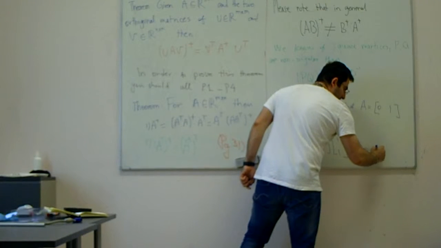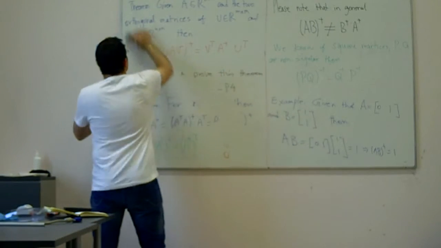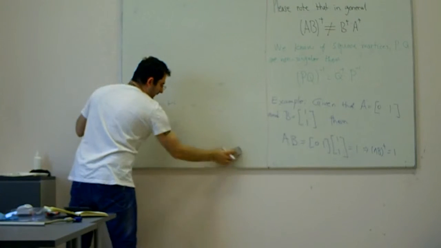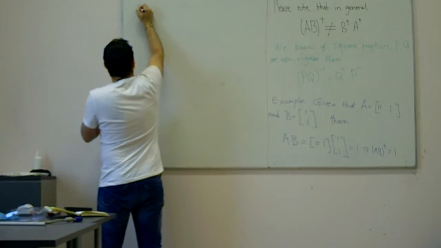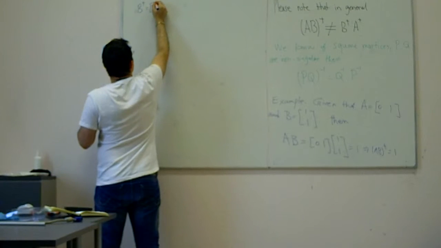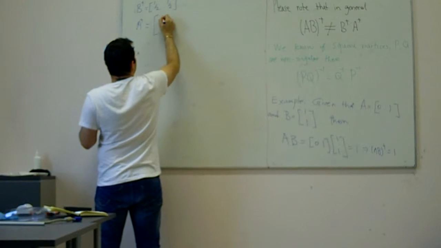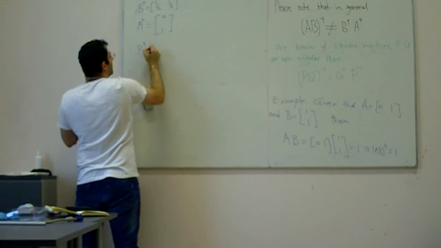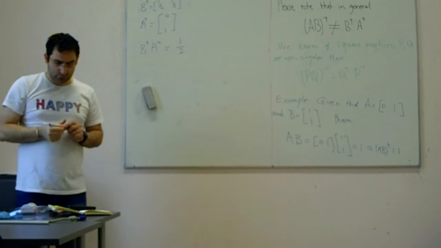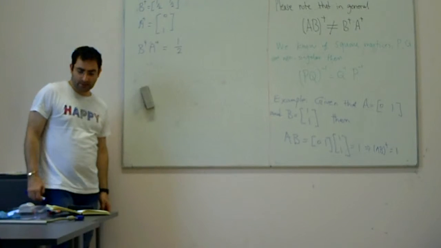So, what is the inverse of A? It is 1 itself. Whereas B plus will be this matrix, and A plus is this matrix, and B plus A plus is equal to 1 over 2. So we can see that (AB) plus is not equal to B plus A plus.